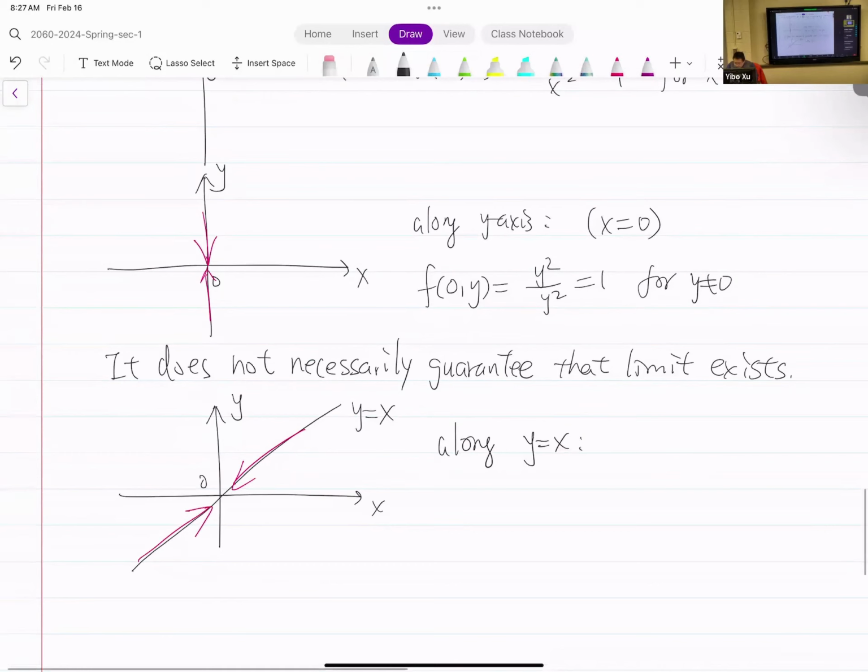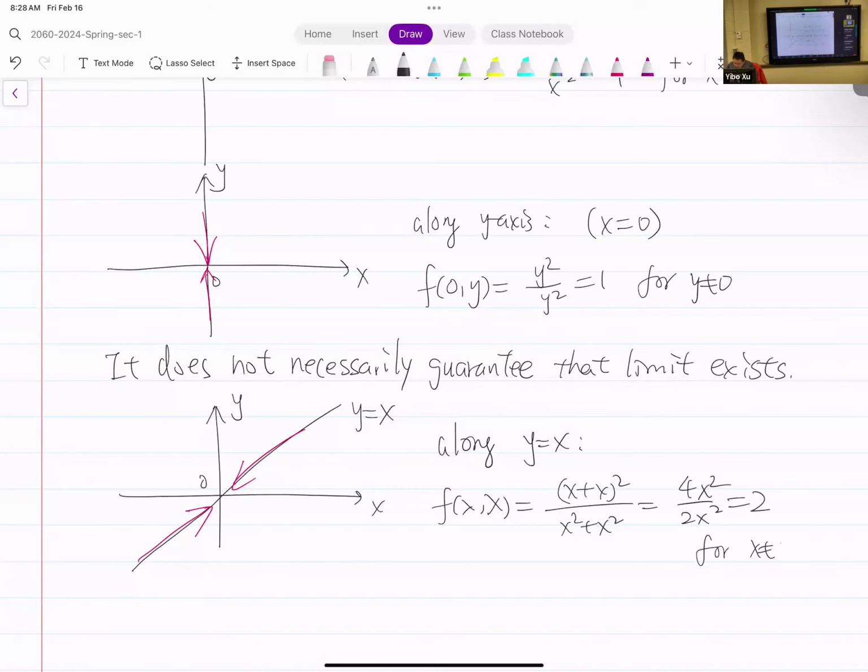So along y equals x, we have the y coordinate equals x. So we plug in f of x, x, and then we have x squared plus x squared over x squared plus x squared. Now we actually have 4x squared over 2x squared. And in this situation, we have a 2 instead of a 1 for non-zero x values. So this is definitely a different limit.